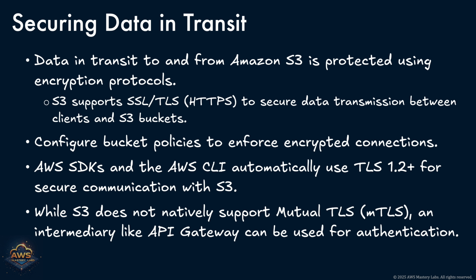This approach is particularly useful for regulated industries or internal systems that demand strict identity verification at both ends of the communication. By securing data in transit using these capabilities and extending protections through additional AWS services when needed, you can build a highly secure and resilient architecture around your S3 usage.